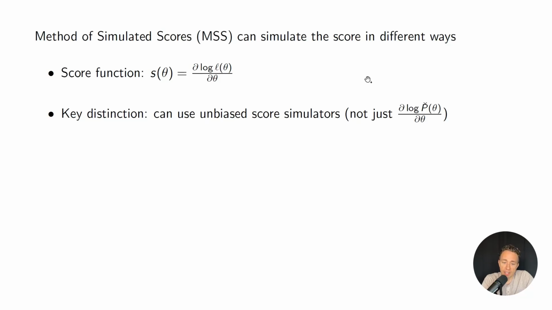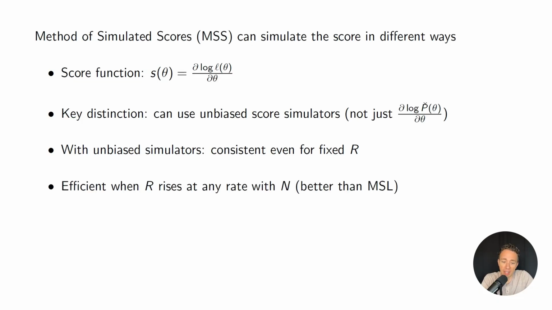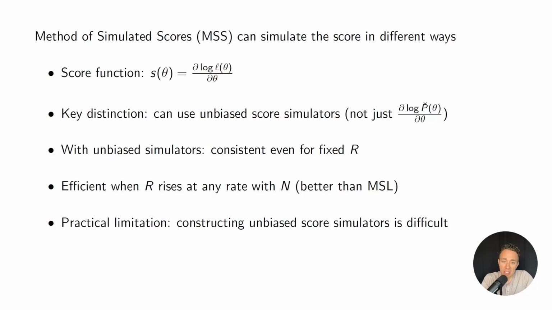And so the idea with method of simulated scores is that we can use other ways of generating the score than just the partial derivative of the log likelihood. And if we can get an unbiased score simulator, then we can have consistency of our estimates even for a fixed R. But the question is, can we get an unbiased score simulator? And the answer to that is that it's very difficult to do.